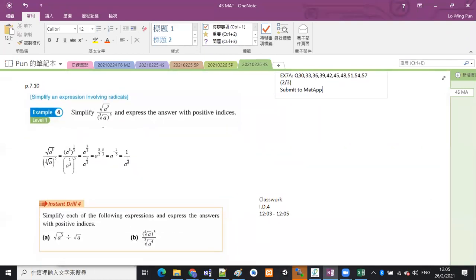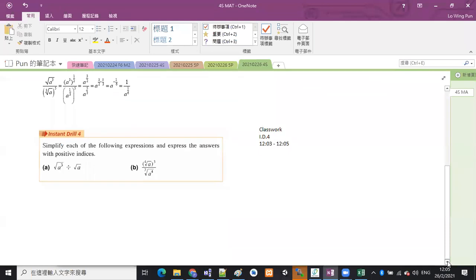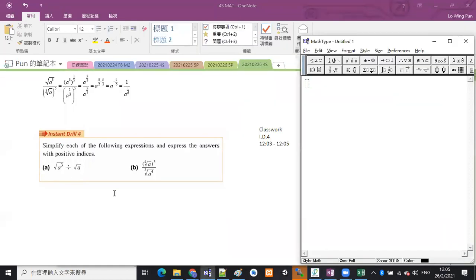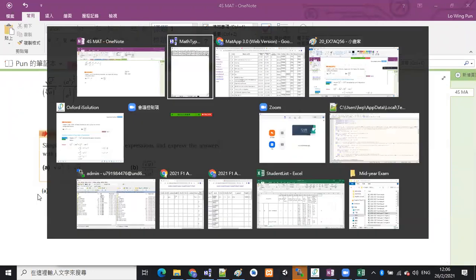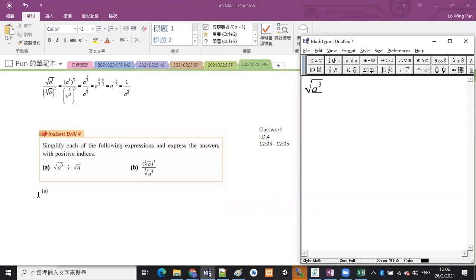Okay, let's check the answers. Instant drill number 4. Simplify each of the following expressions and express the answers with positive indexes. So same question. Part a: we have square root of a cubed divided by square root a. Square root should be changed to power 1/2, and divided by again square root, so it is power 1/2.